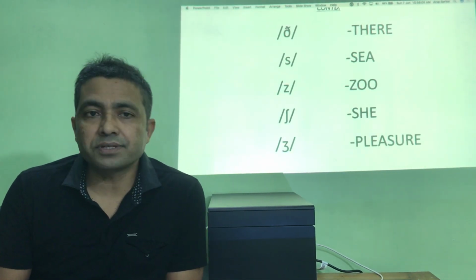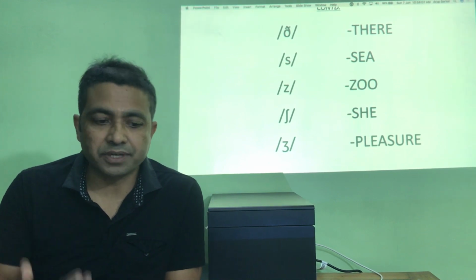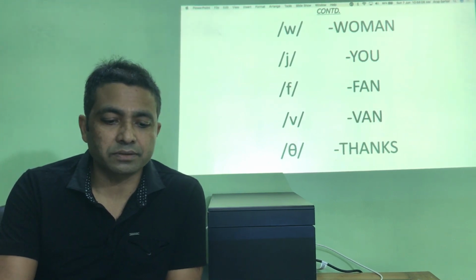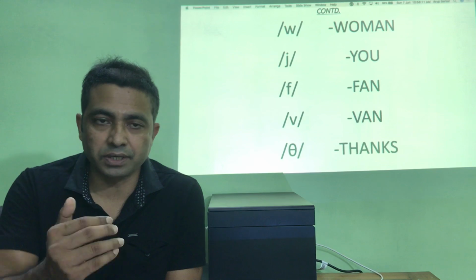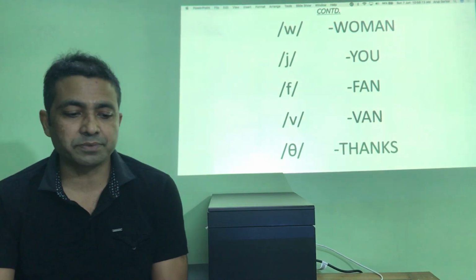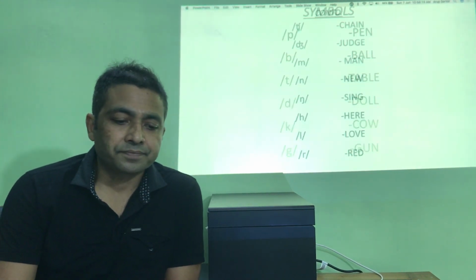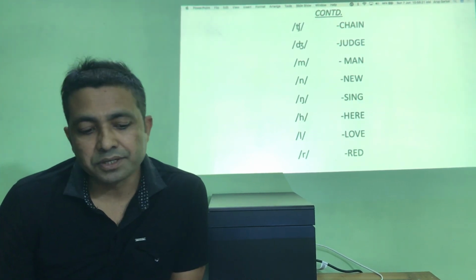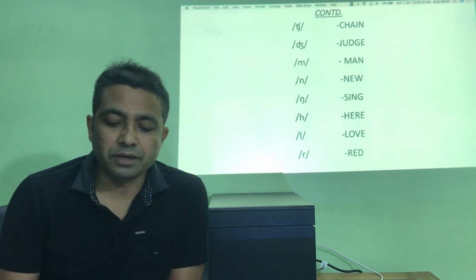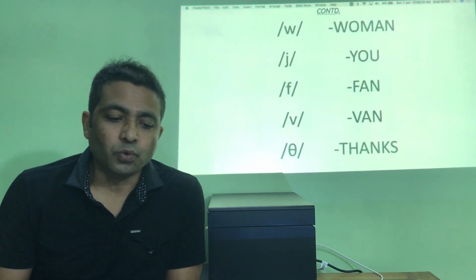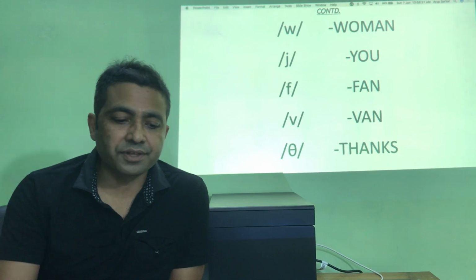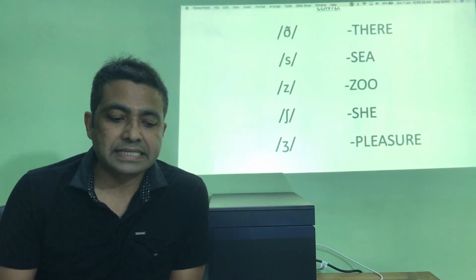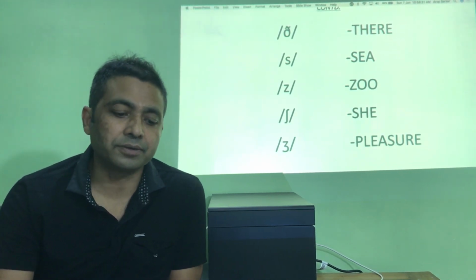So these are the symbols that you have to learn how to write and how to pronounce. The example words have been given beside. So you can see here again: p, b, t, d, k, g, ch, j, m, n, ng, h, l, r, w, y, f, v, th, th, s, z, sh, zh.